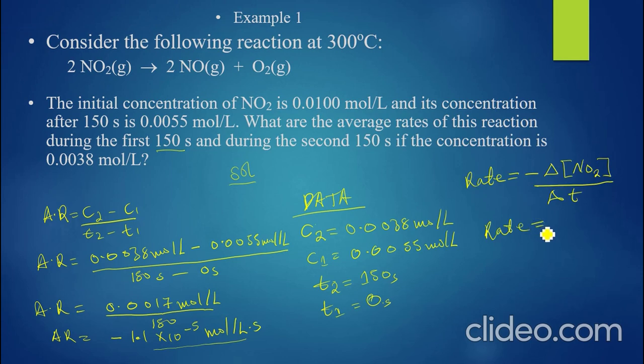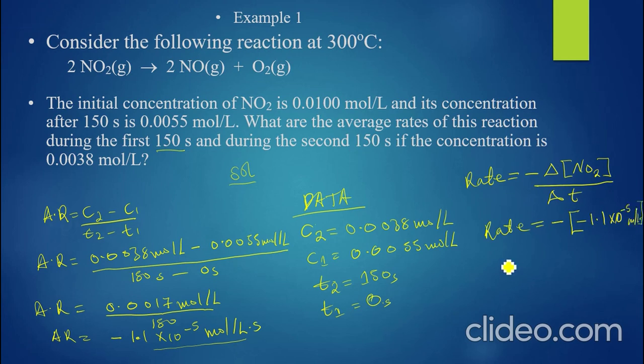Or this is the same as the rate is equal to negative, then here you write the concentration of the nitrogen dioxide we are finding, which is the rate we are having, minus 1.1 times 10 negative 5, like that, more per liter per seconds.